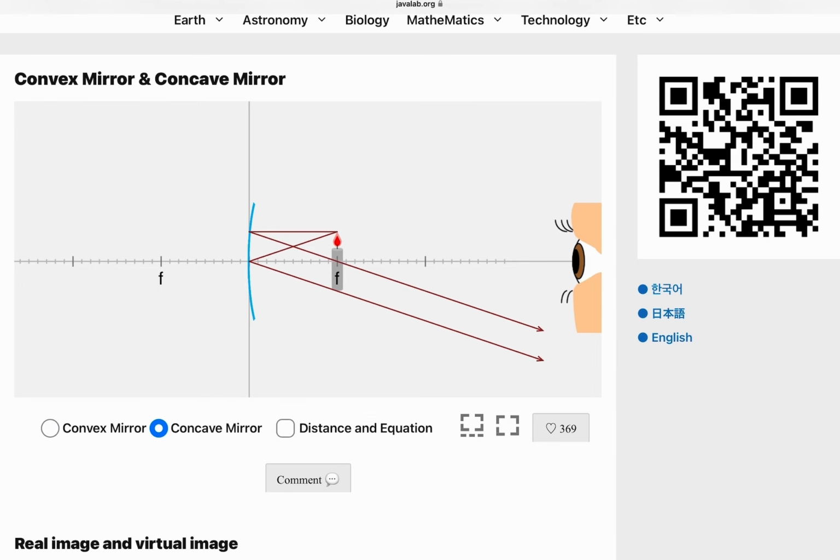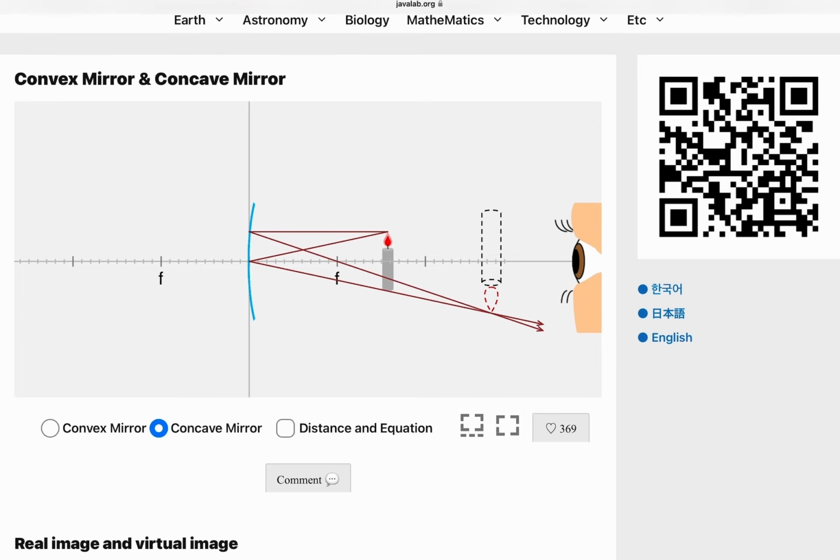If an object is placed between the focal point and the center, the magnification, as we said, is going to be greater than 1, or as you see, the image has a greater size than the object, and it's going to be inverted. I told you it's a rule: if an image is inverted, it means it's real.